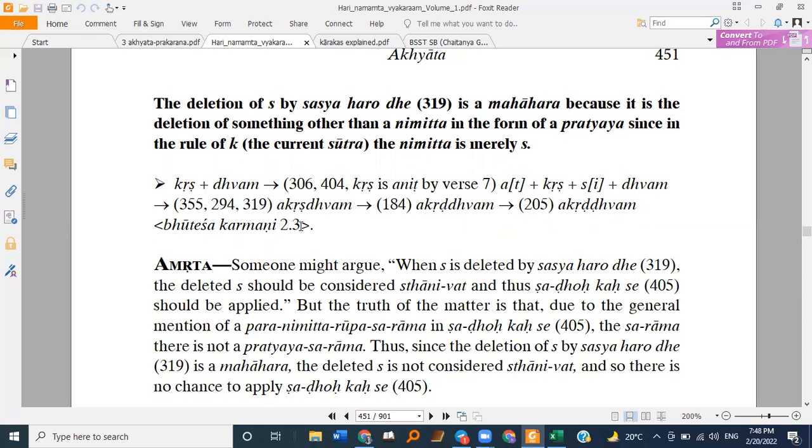Yeah, what was the sutra? It was Shasedo Vishnu Padante Hari Ghoshecha, if you remember. That when Hari Ghosha is following, then Sha Rama converts into Da Rama. So thus Sha changes to Da and we get Akrid Dhvam and then Shat Parasya Tavarayuktasya, we get Akrid Dhvam.